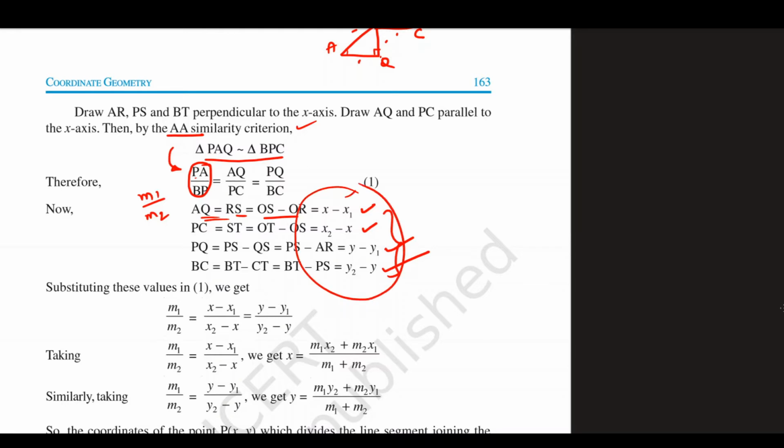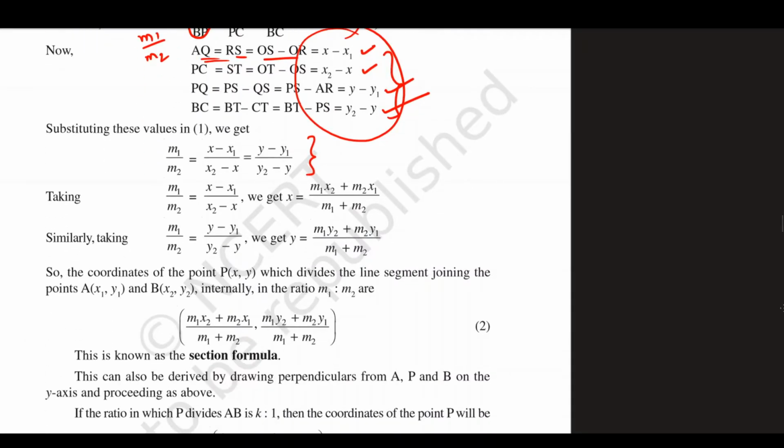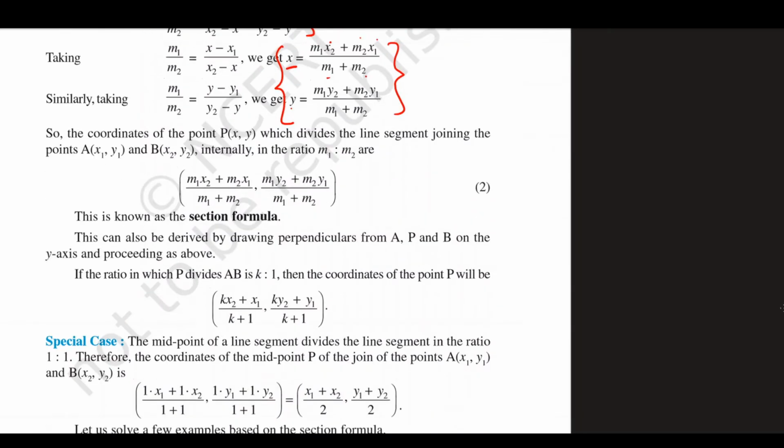Just put all these things in this equation and we will get this result. Now just manipulate this to get the value of x as m1 into x2 plus m2 into x1 upon m1 plus m2, and similarly y. So we have got these formulas ready. This combined formula is known as the section formula.